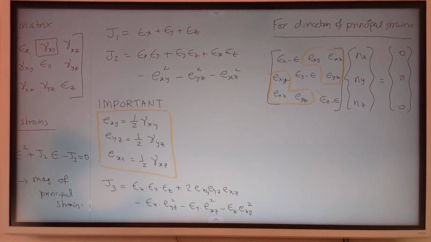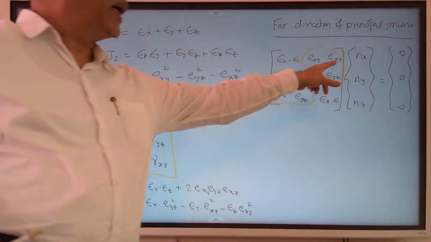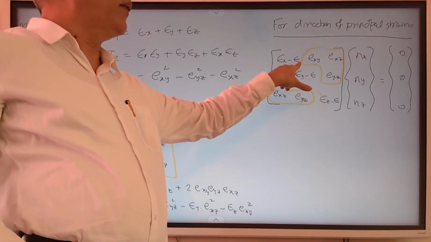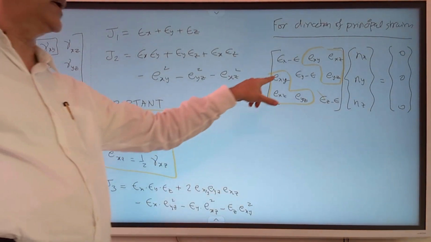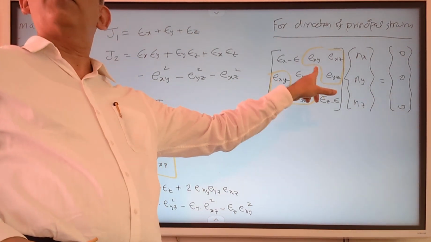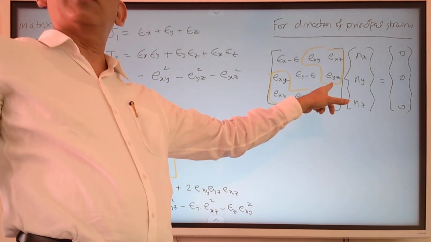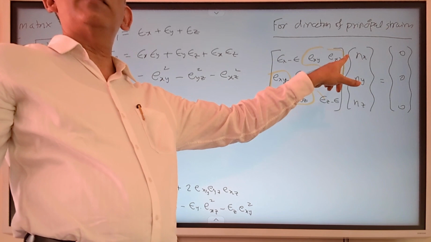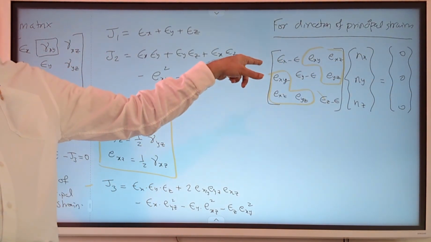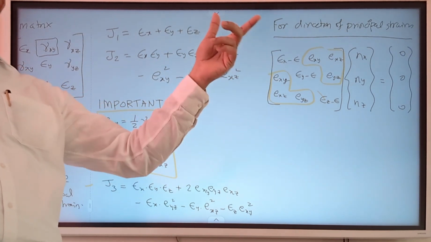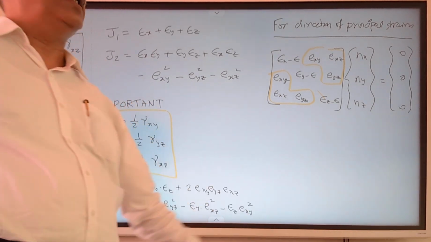Using this, one can calculate the values of Nx, Ny, Nz corresponding to the value of the principal strain. Whatever roots you have found, you subtract from the original strain matrix along the diagonal terms and solve these equations. You also have to use the property Nx square plus Ny square plus Nz square equal to 1, just like we did for the stress, and calculate the values of Nx, Ny, Nz.